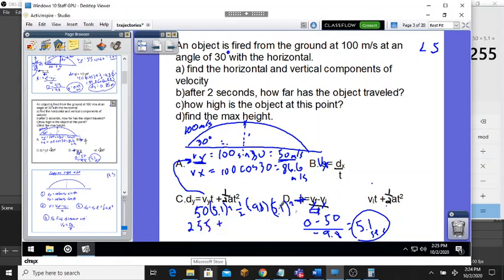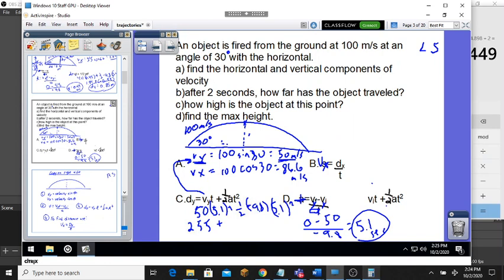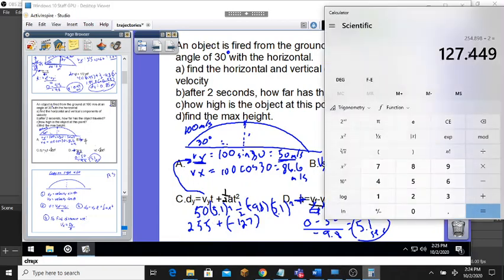Now I'm going to go backwards here: 5.1 squared, so 5.1 times 5.1 times 9.8. And then I'm going to cut that in half, divided by 2. That gives 127. So this should be a negative, so it's negative 127. So now I'm going to do 255 plus negative 127.